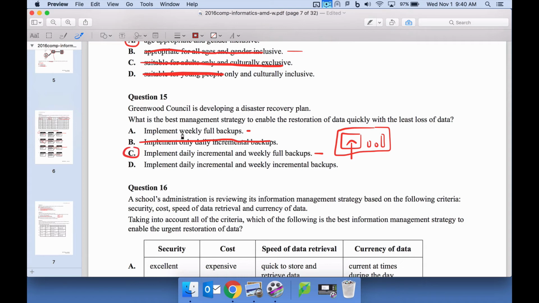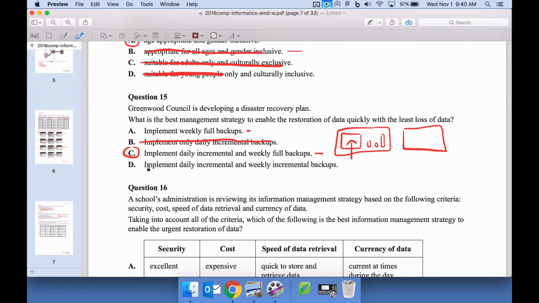We wouldn't want to make weekly full backups because then we would be making this full box once a week. And we might lose things across the week. So all those increments, say we do it every Friday, we might get to Thursday and have all these changes and lose all those changes because then everything would crash and then we would go to back up the next day, but there'd be nothing to back up.